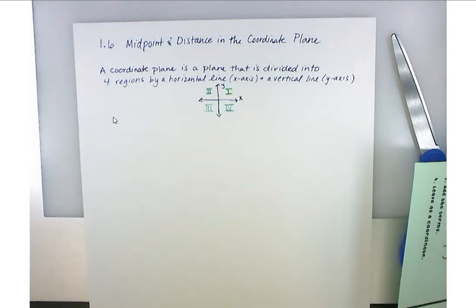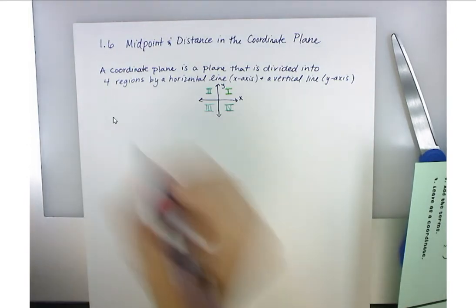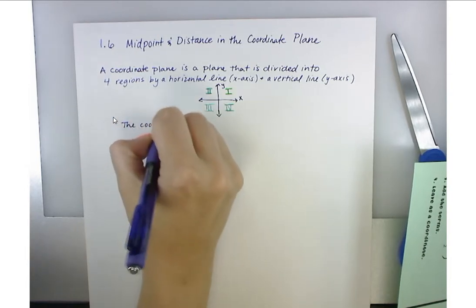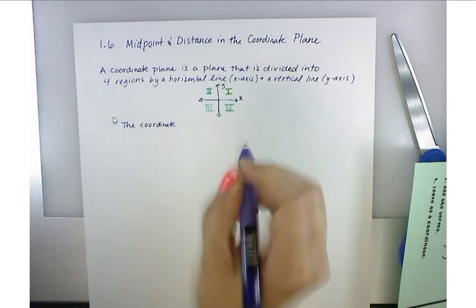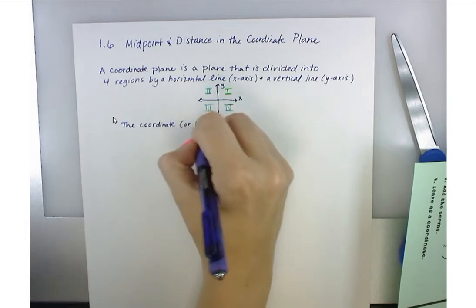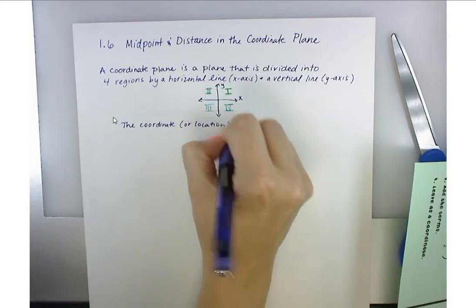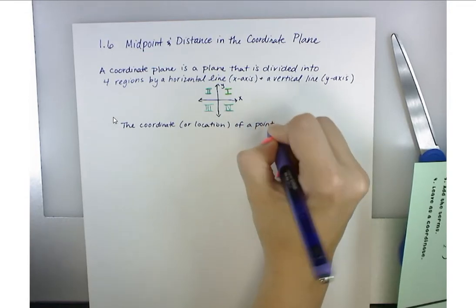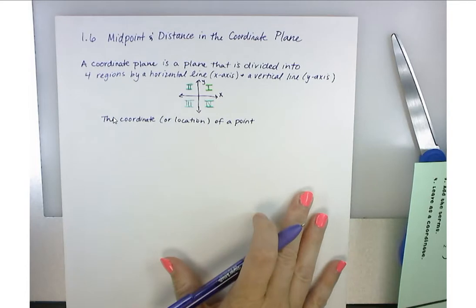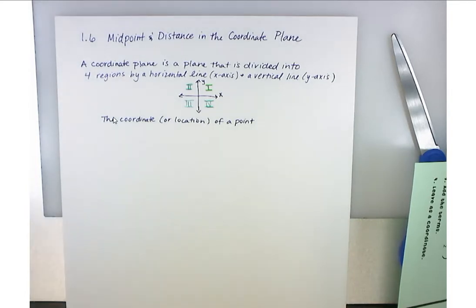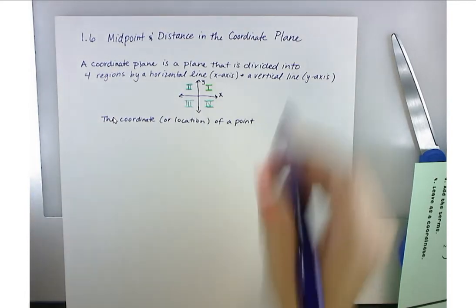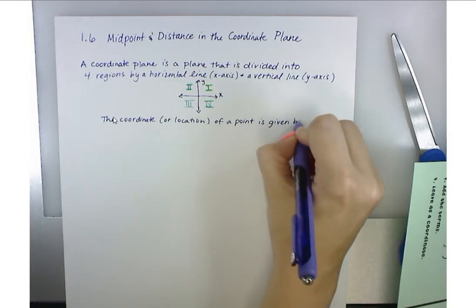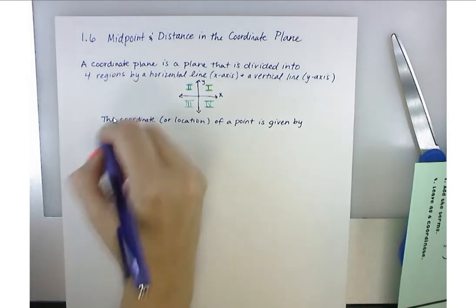Okay, and then the coordinate or location of a point is given by an ordered pair.